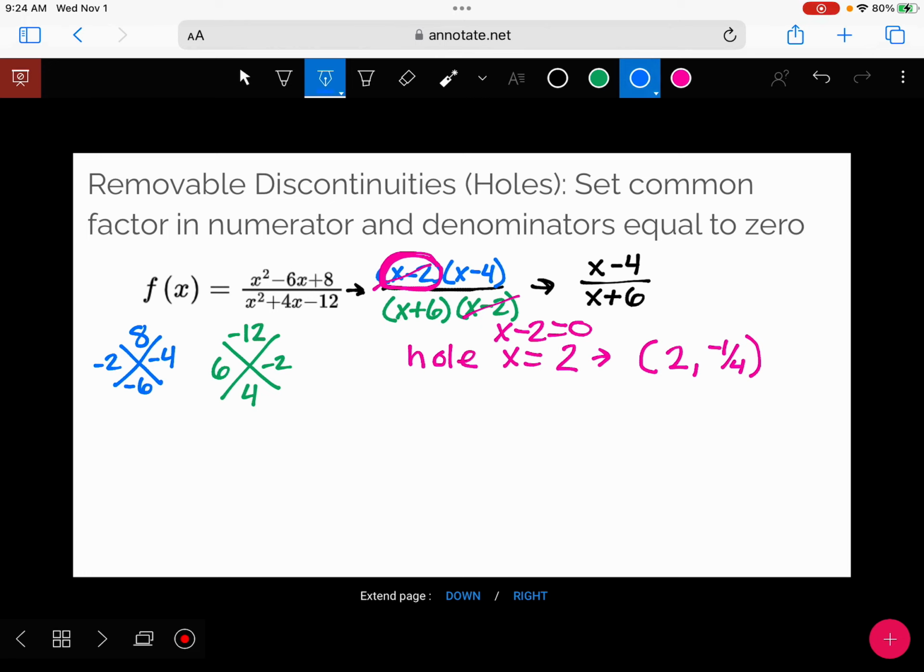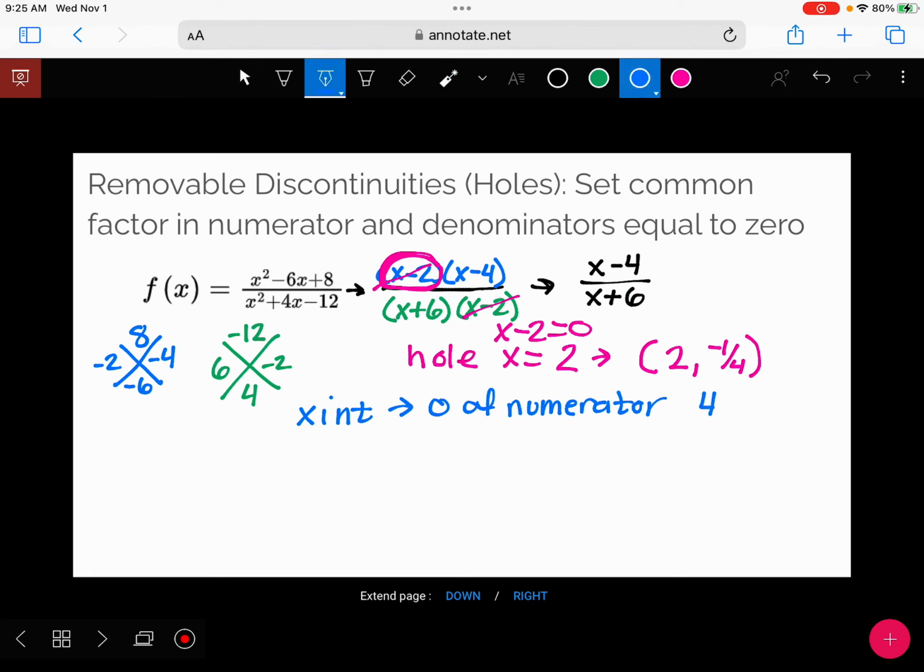Then we're going to go find all the other things we had. So we're going to find our x-intercept. Our x-intercept is the zeros of the numerator. What's our x-intercept here? Just look at the one after we simplify. 4.